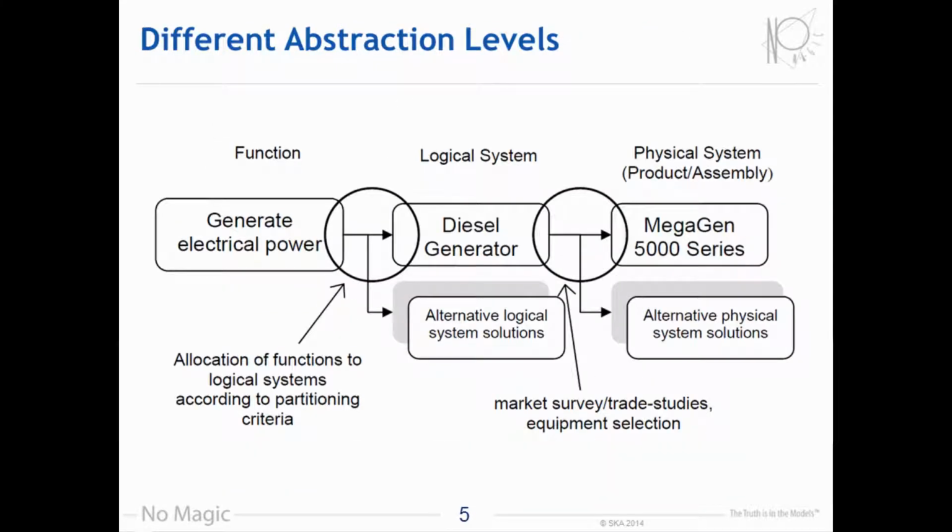But what is very important is that we should also do the system architecture at different abstraction levels. So we can try to understand how the system looks from a functional point of view, where we typically just try to understand the functionalities that the system should support, and try to allocate them to the logical parts that should be responsible for handling these functions.